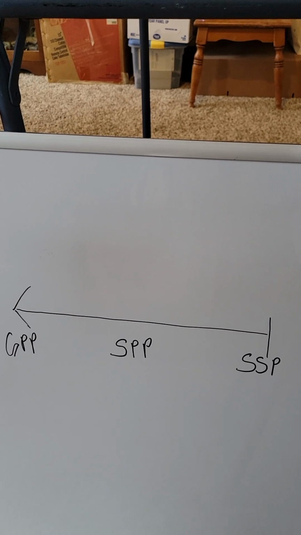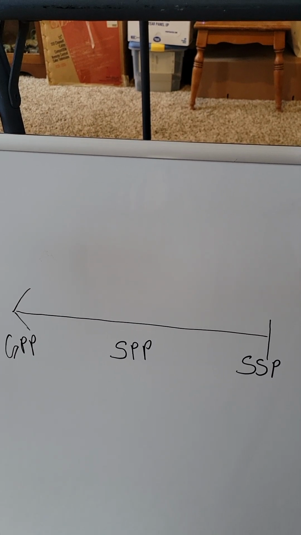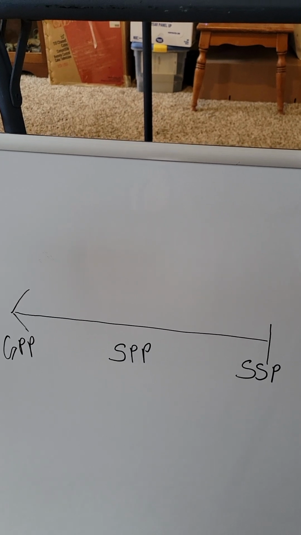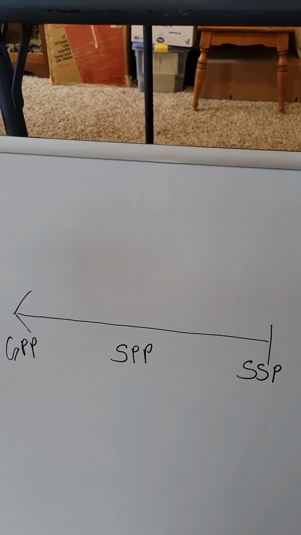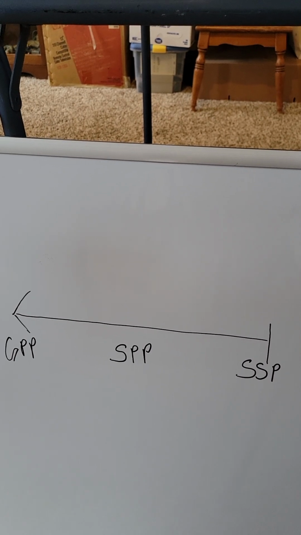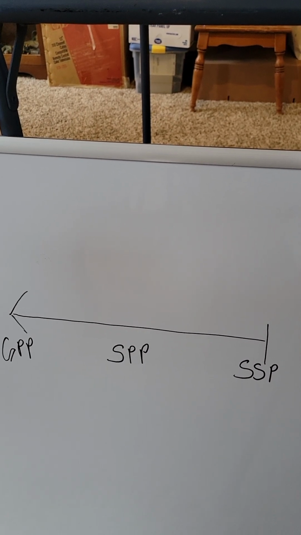Now, notice there is space between GPP and SPP, and between SPP and SSP. That space shows that there is a range, that you're not just looking at things being a concrete, perfect set in place, where it is only special physical preparedness and it fits right in that box. That's not the case.